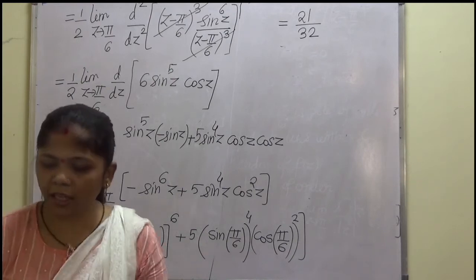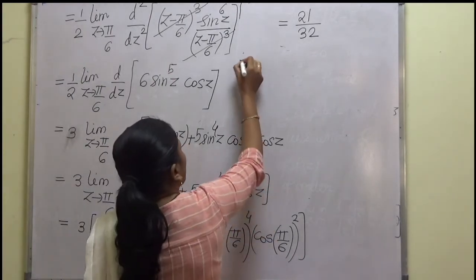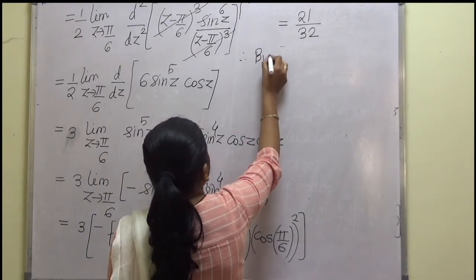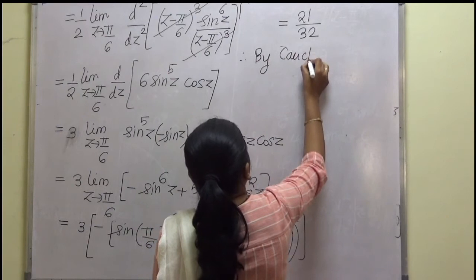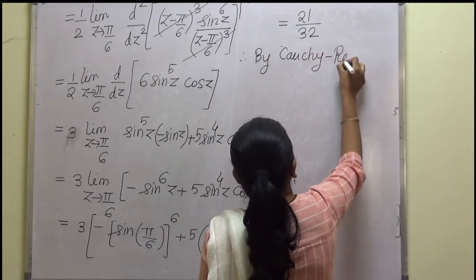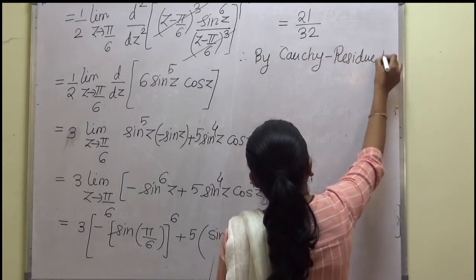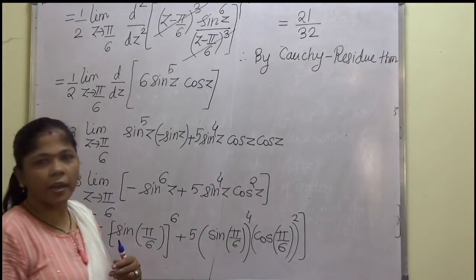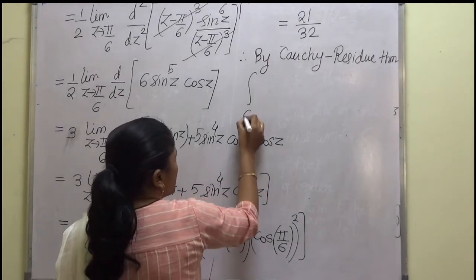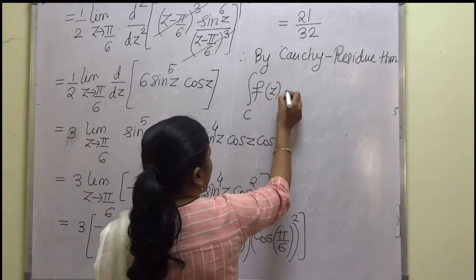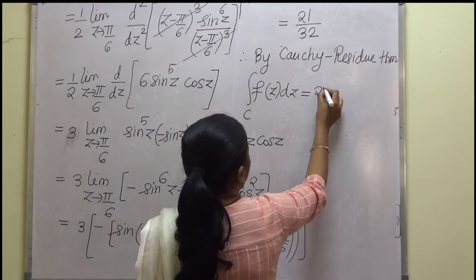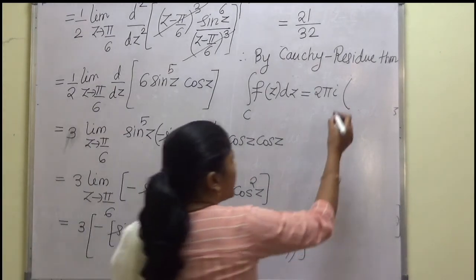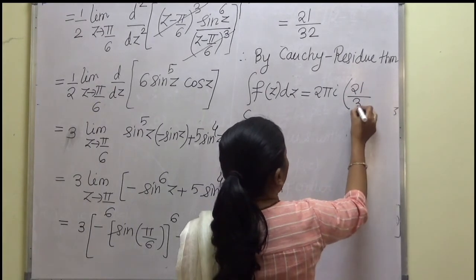That is the residue of this pole. Therefore, by Cauchy residue theorem, we shall get the integration over c of f of z dz equal to 2 pi i times the residue at the pole within c, that is 21 by 32.